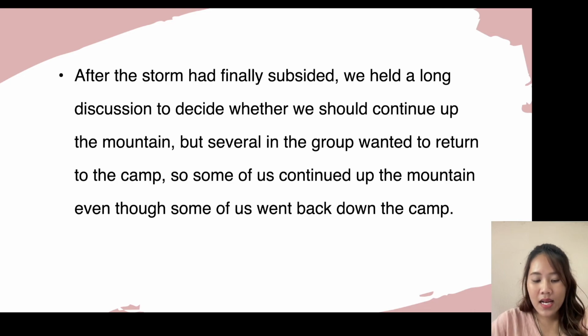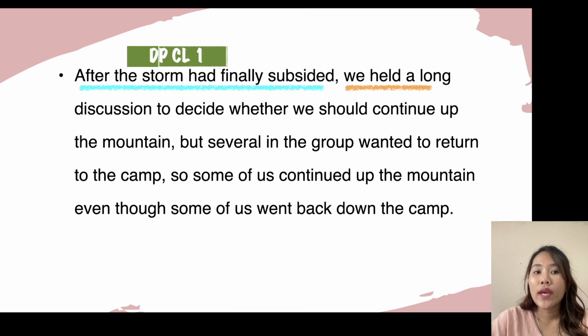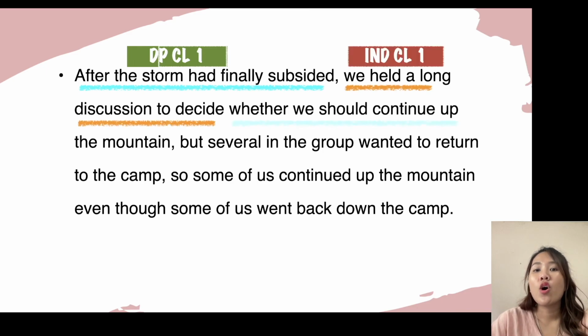And next, after the storm finally subsided, we held a long discussion to decide whether we should continue up the mountain, but several in the group wanted to return to the camp, so some of us continued up the mountain even though some of us went back down to the camp. So we have "after the storm had finally subsided" as the first dependent clause, "we held a long discussion to decide" as the first independent clause, and "whether we should continue up the mountain" as the second dependent clause.